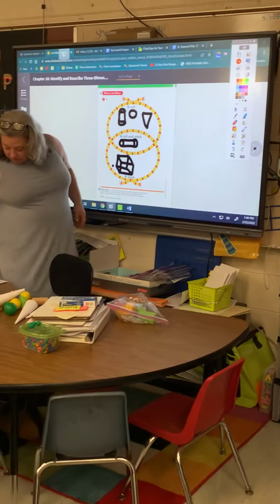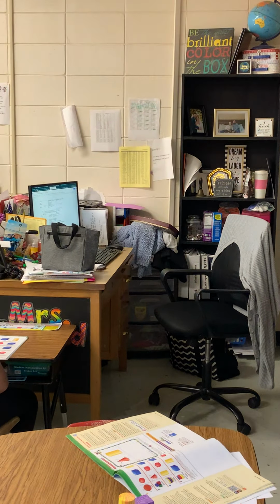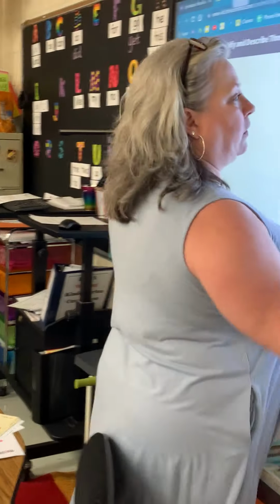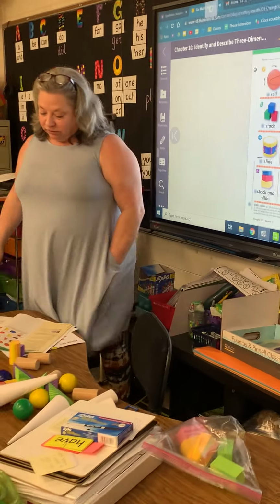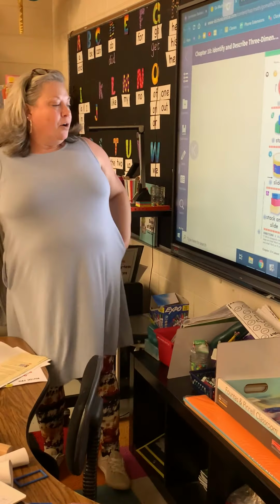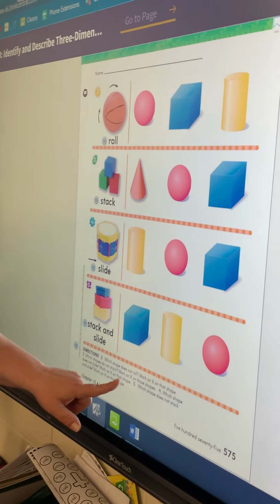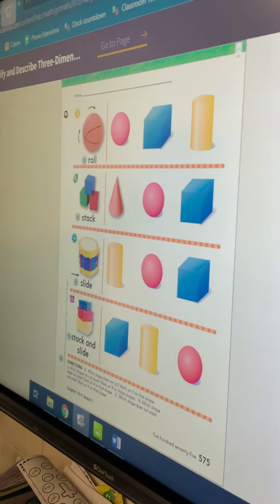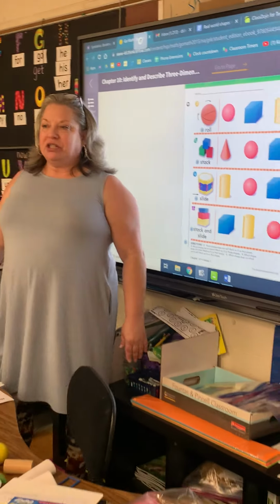575. All right, and it says on this page, which shape does not roll? We're going to mark an X on the shape that does not roll.